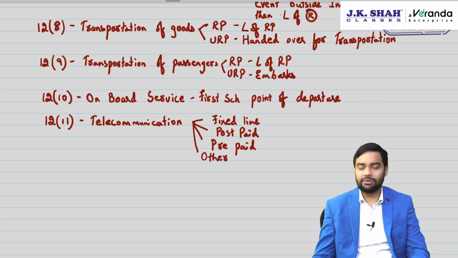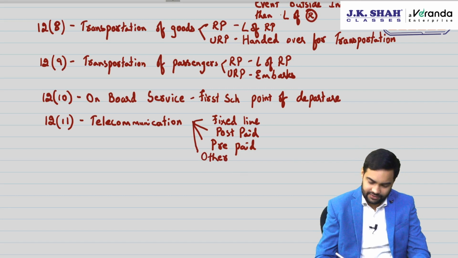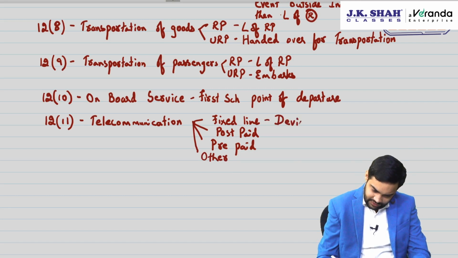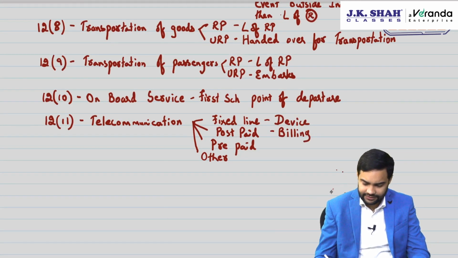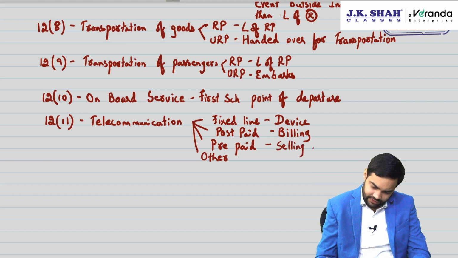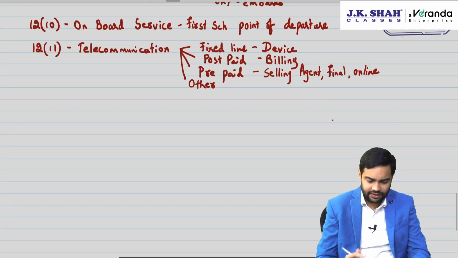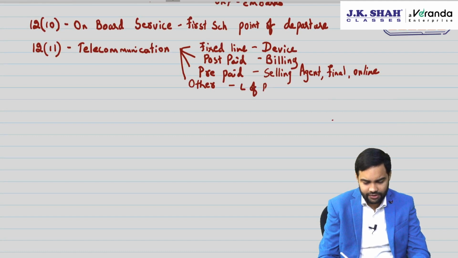If that is not available, location of the supplier. So here device, here billing address, here you have three cases: selling agent, final consumer, and online. And others, anyways, location of recipient, otherwise location of supplier.